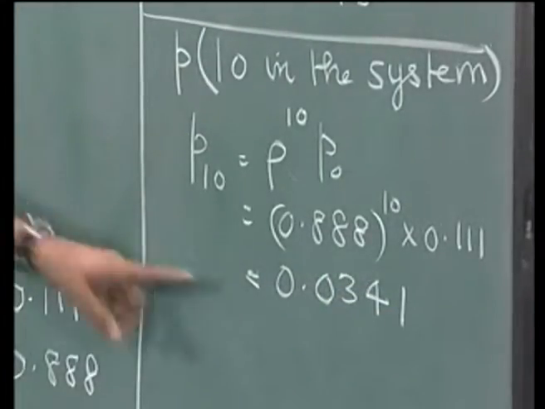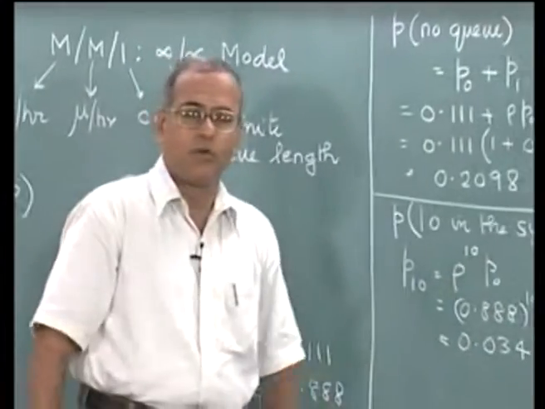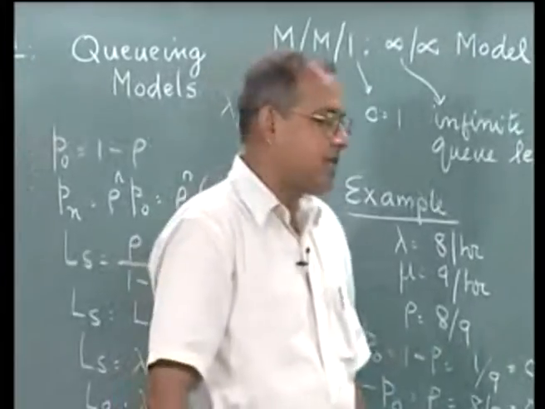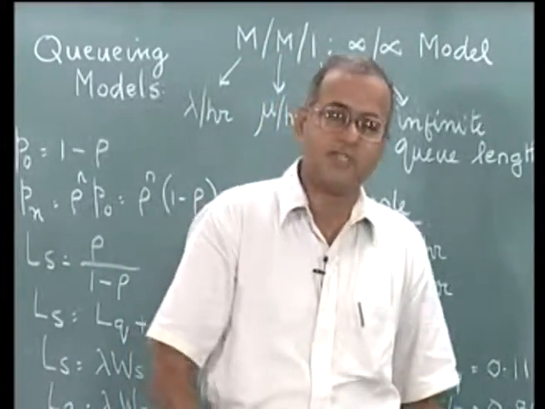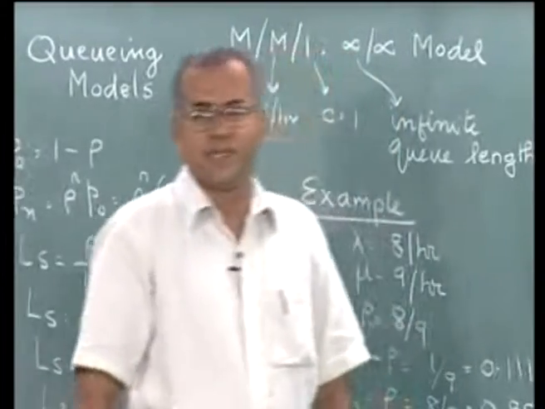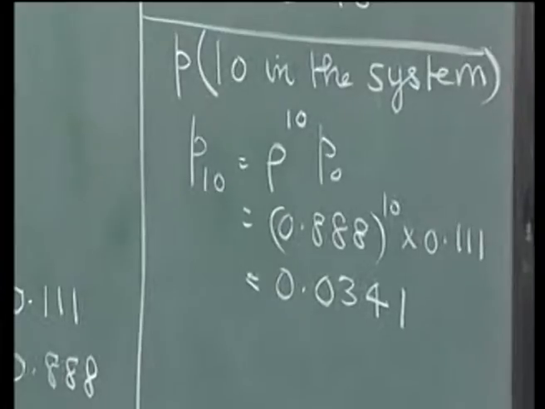So, this computation tells us that the probability that there are 10 people in the system is 0.0341, which means roughly 3.4% of the times there will be 10 persons in the system, one person getting served and the remaining 9 waiting for service.